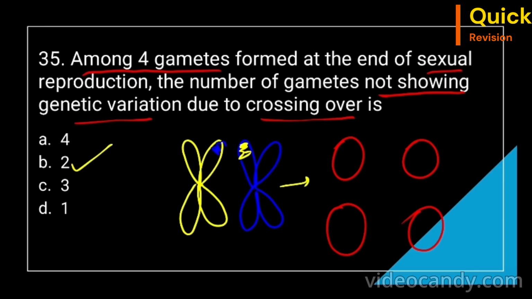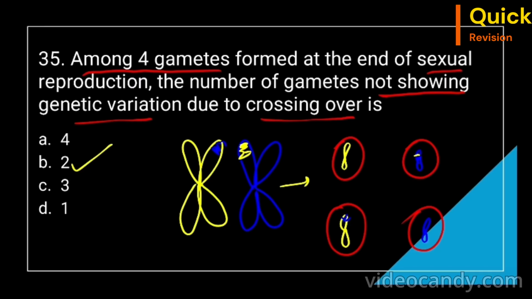cells. So let me draw 1, 2, 3, 4. Out of these only 2 are getting recombined. I hope you're understanding. This is very difficult to draw.